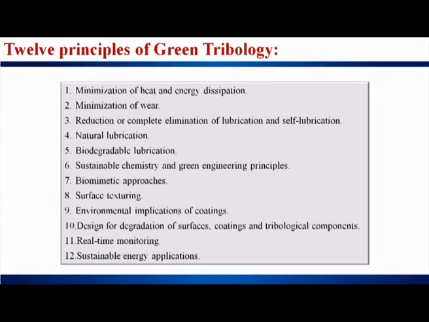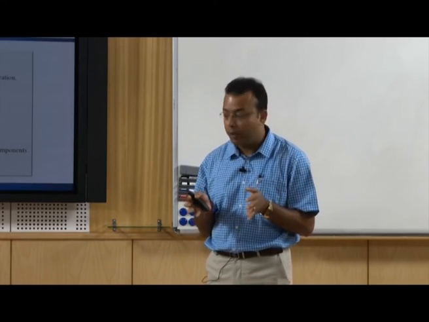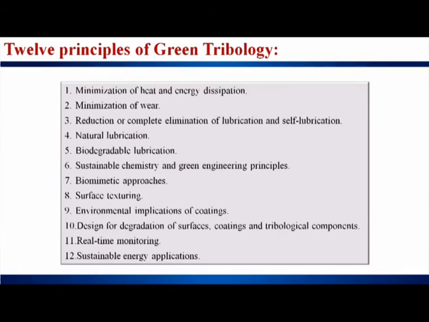Next, minimization of wear, so that automatically the friction will be less and the material loss will be less. Reduction or complete elimination of lubrication, and self-lubrication. And if we use certain kinds of lubrication, there should be biocompatible products attached to it, so that it will not be chemically hazardous. Next, natural lubrication we generally prefer, then biodegradable lubrication we can also use, sustainable chemistry and green engineering principles, where we can maintain green chemistry, biomimetic approaches, surface texturing, and environmental implications of coatings.